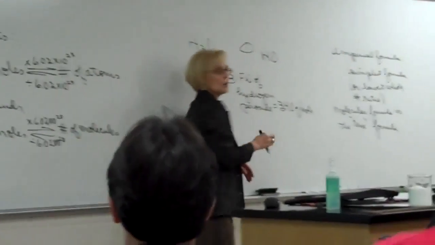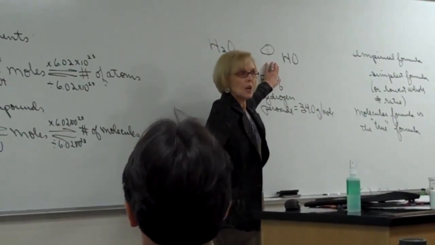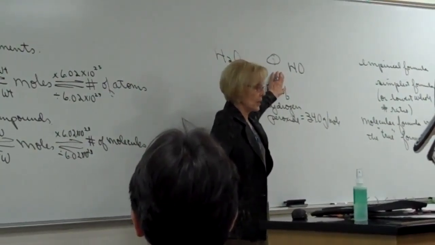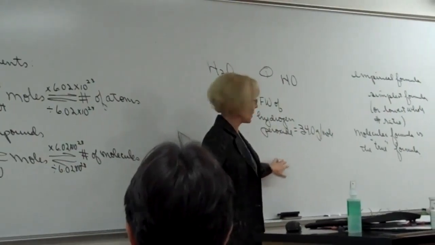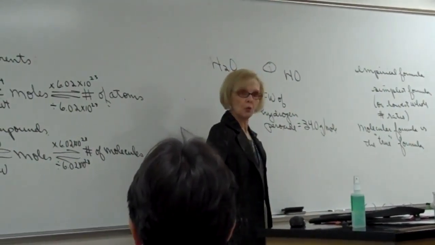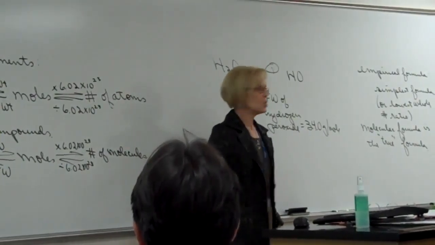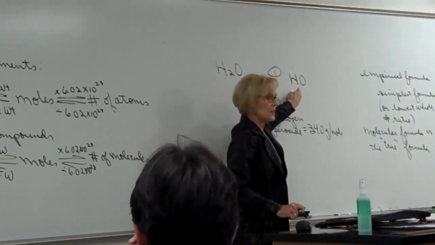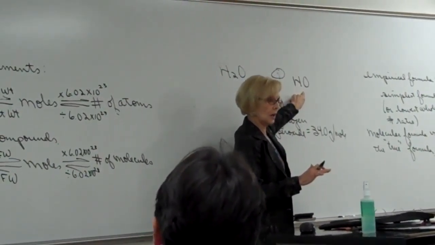This is a second experiment independent of the first. In the first one, I discovered in the formula it's a 1-to-1 ratio. Then I discover in a second experiment the actual formula weight of hydrogen peroxide is 34. Okay, so the question is, is this also the molecular or true formula?